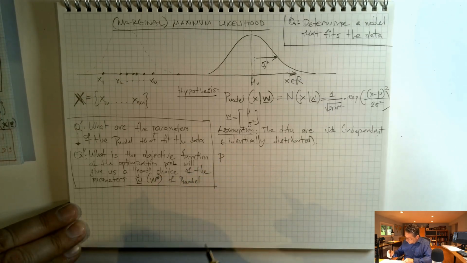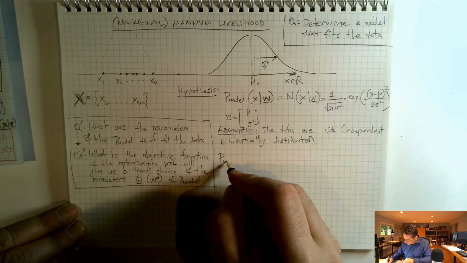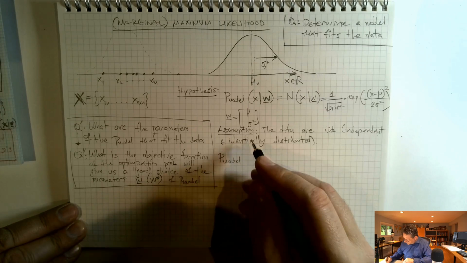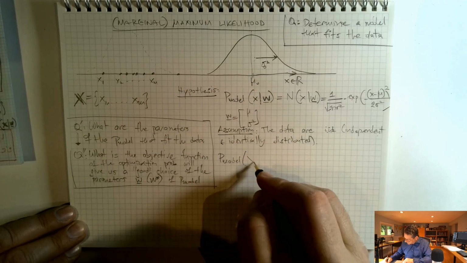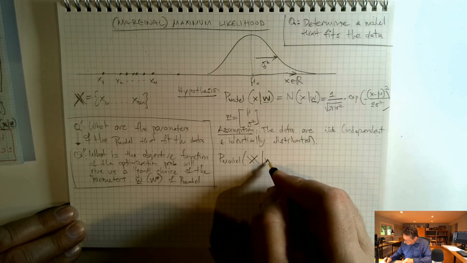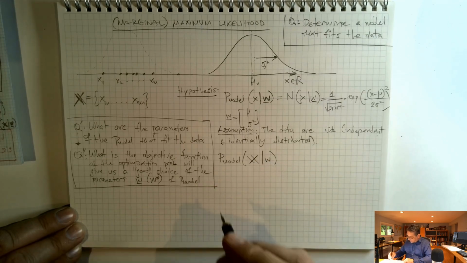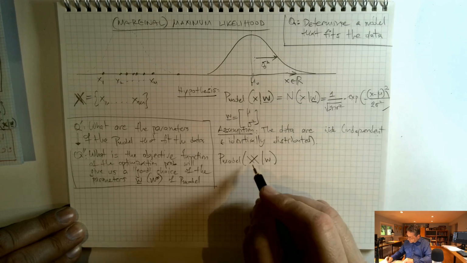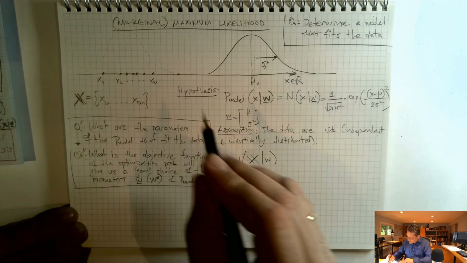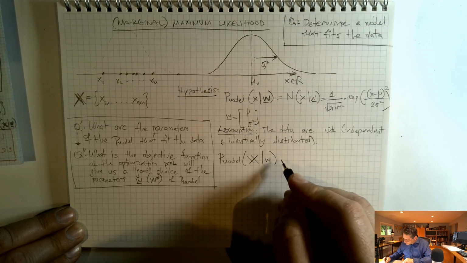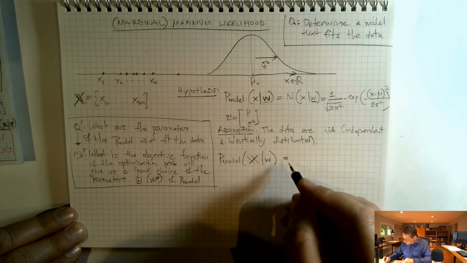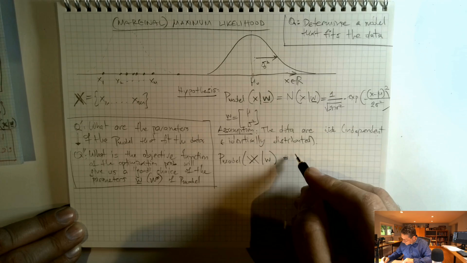The moment someone gives us all this data, it will be the probability of generating this set of samples given our w. And this is a function that we will call the likelihood function.